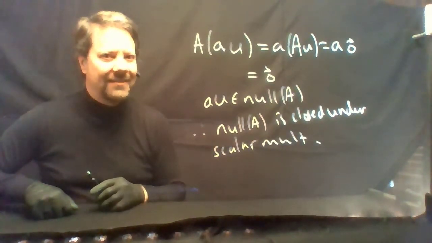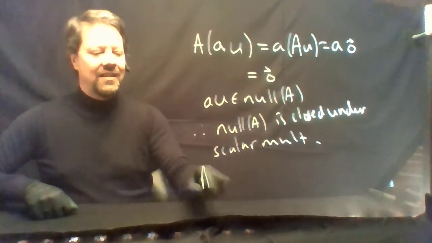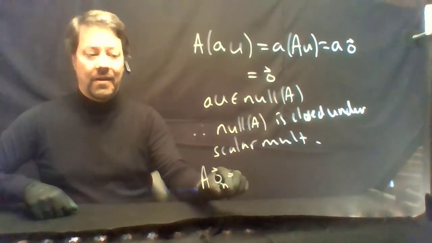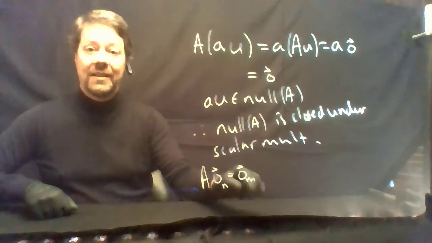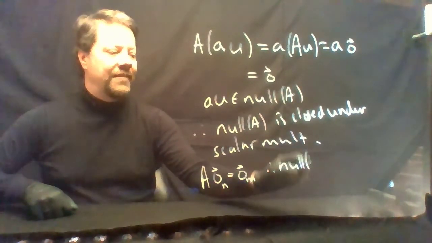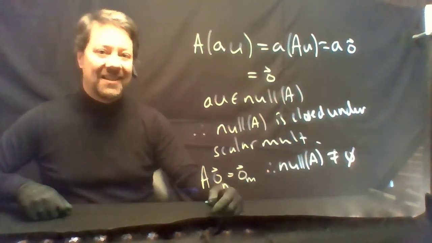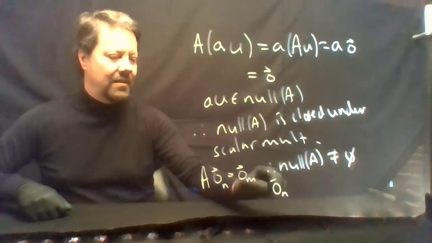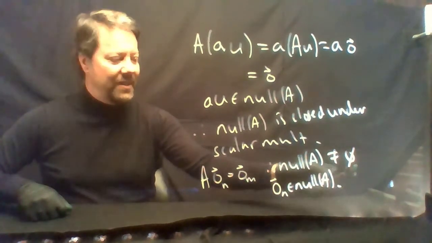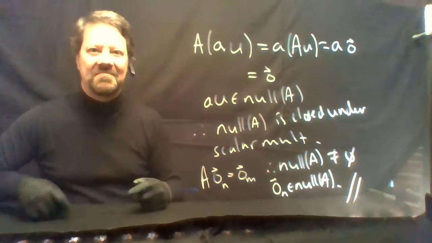There's one thing we forgot. We forgot to show that the null space is never empty. A times the 0 in Rn will give you the 0 in Rm. Therefore, the null space of A is not empty because it has a zero vector in it. We deduce then that the null space is a subspace of Rn.